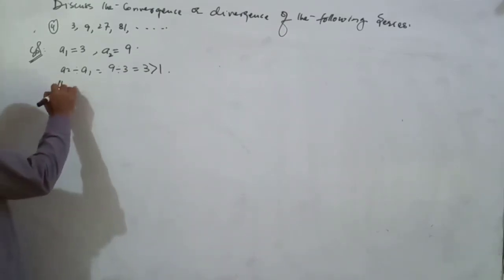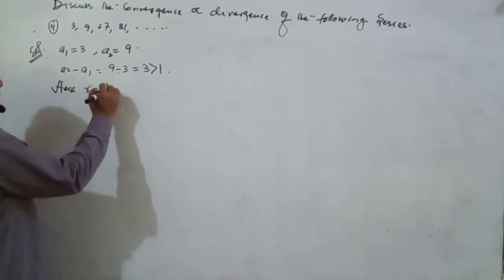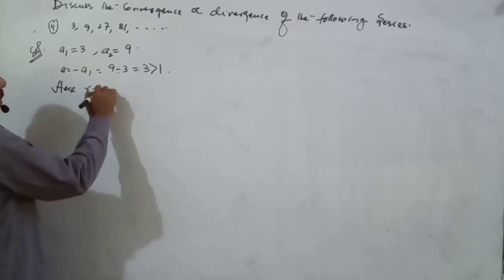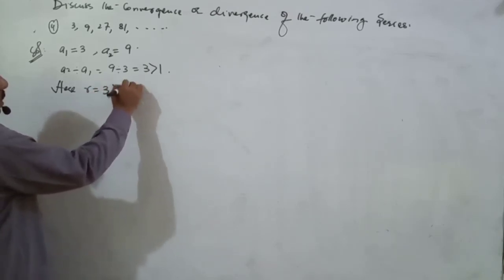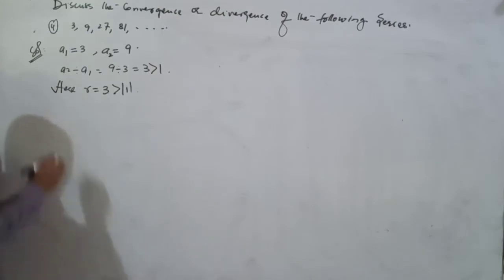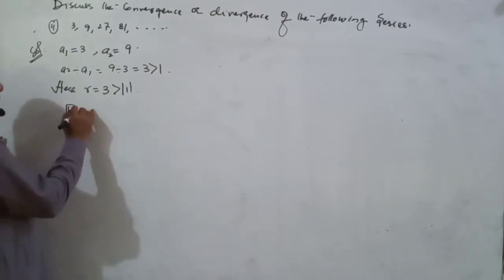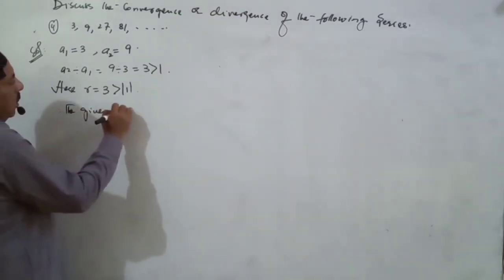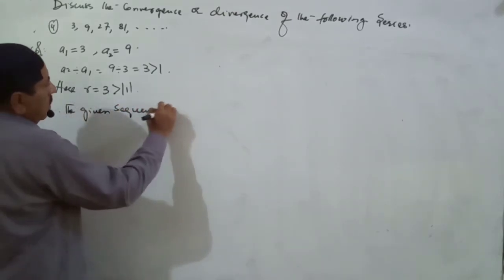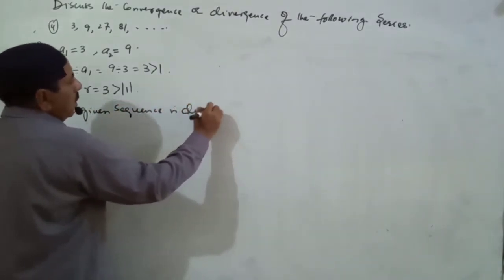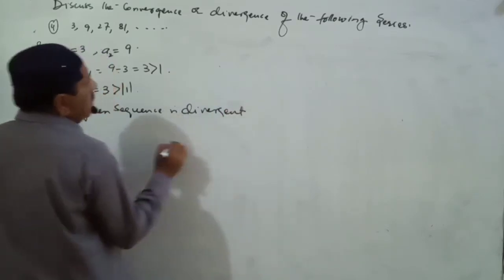Here R is equal to 3, which is greater than 1. Therefore, the given sequence is divergent sequence.